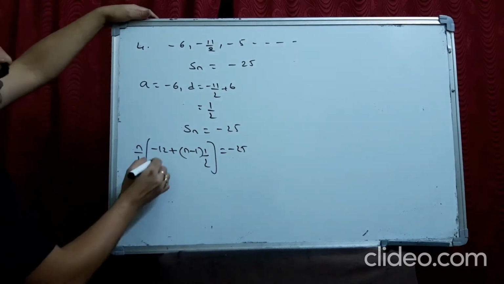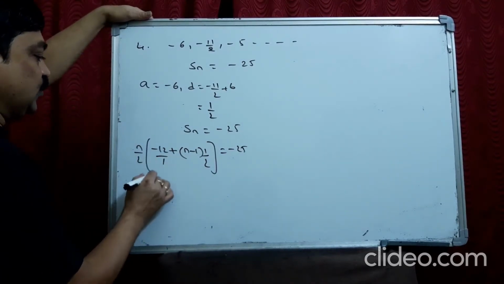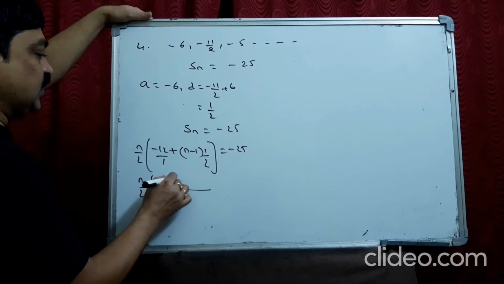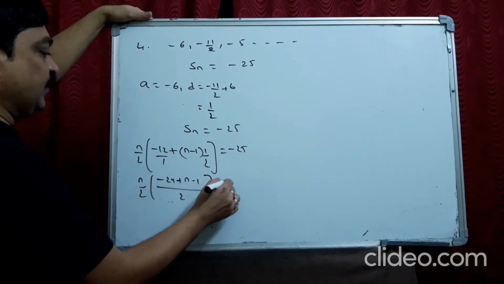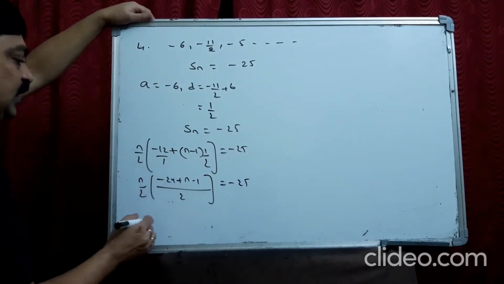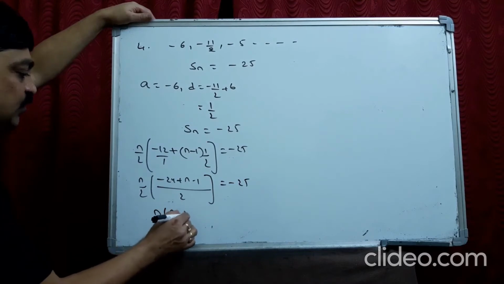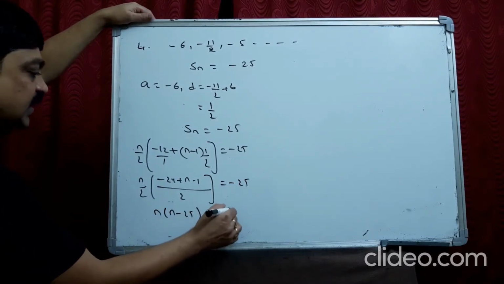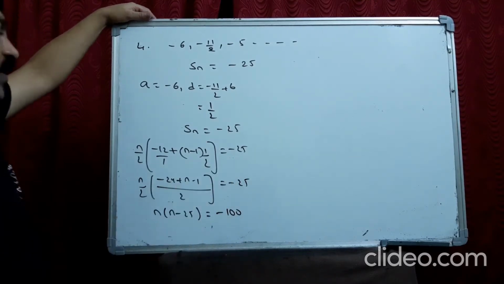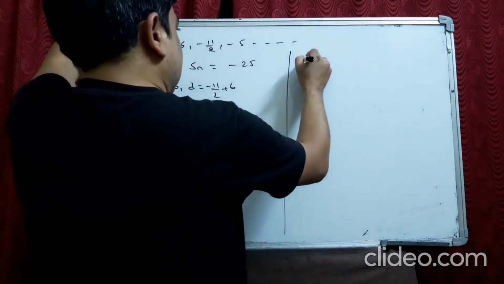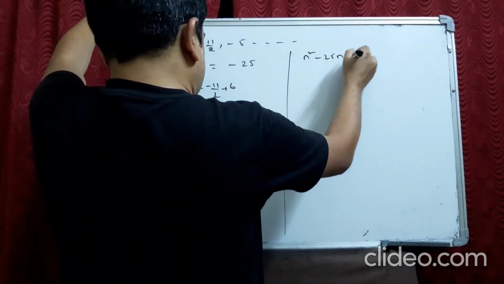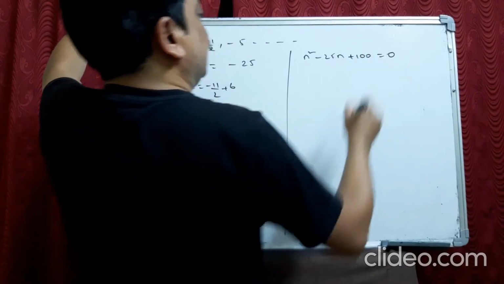So let us take LCM here. N by 2 of 2 minus 24 plus n minus 1 equal to minus 25. So it becomes n into n minus 25 is equal to minus 100. We go 4 into minus 25. It becomes n square minus 25n plus 100 is equal to 0.